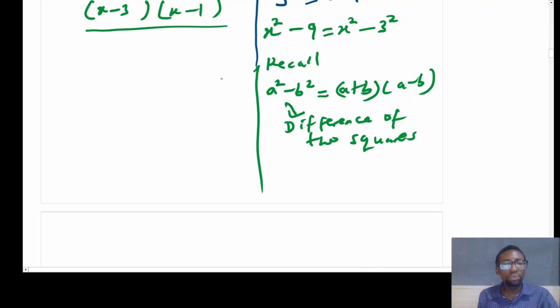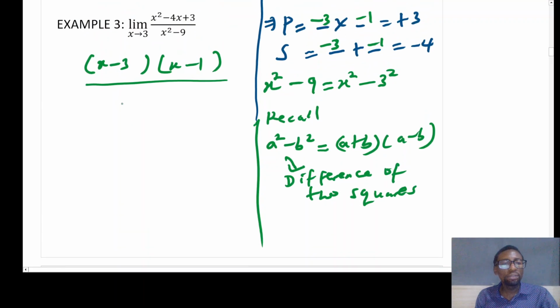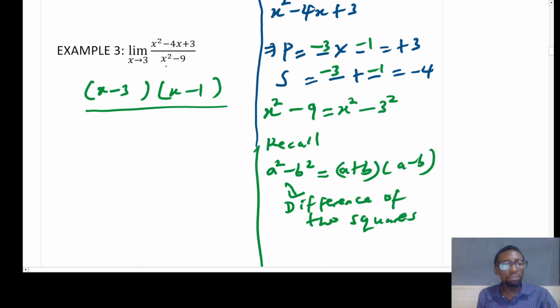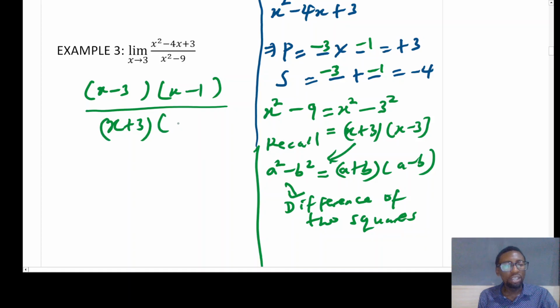So if I go back, x squared minus 9 gives me x squared minus 3 squared, and that will give me x plus 3 times x minus 3 if I use this formula. So let's go. I have x plus 3, x minus 3.